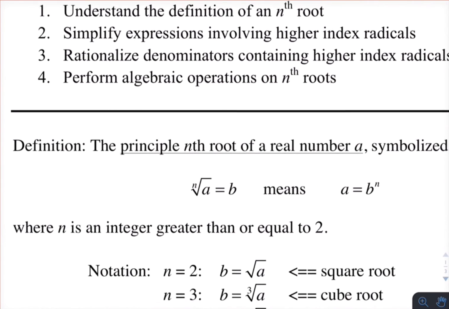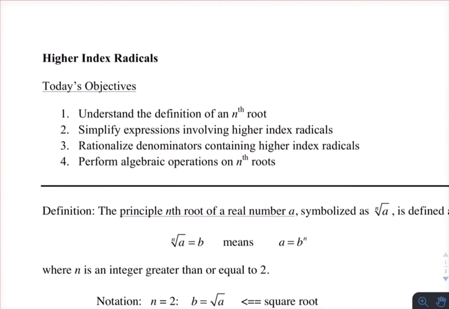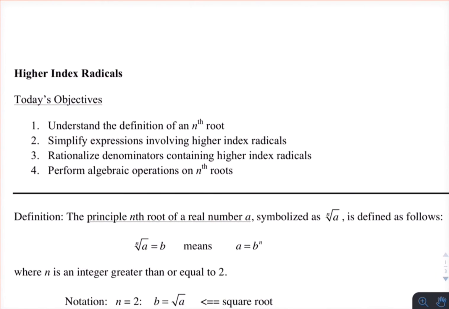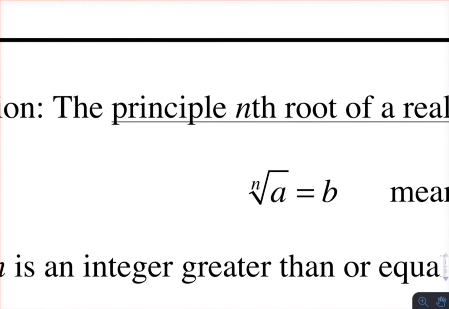So the definition of a higher index radical, we basically say that the nth root of a means what number must we raise to the nth power in order to get a. And so this little n here, that's called the index.